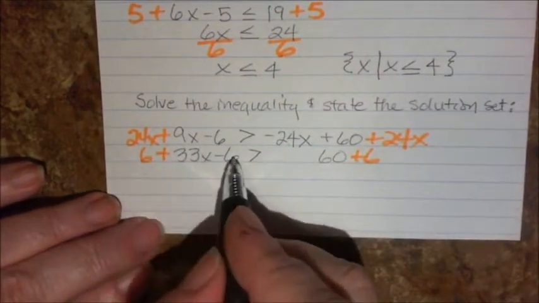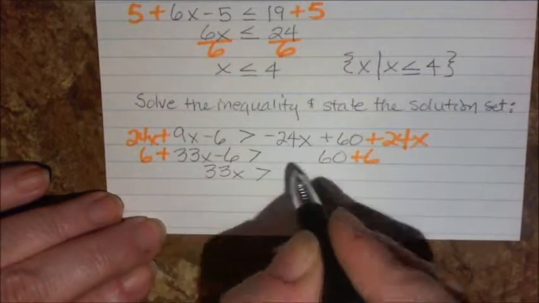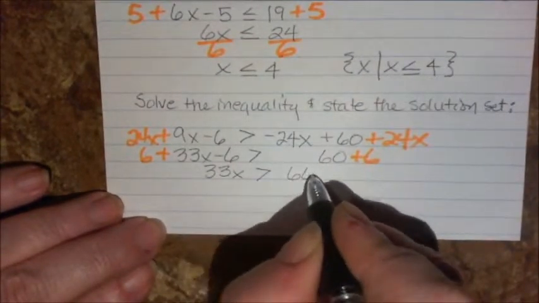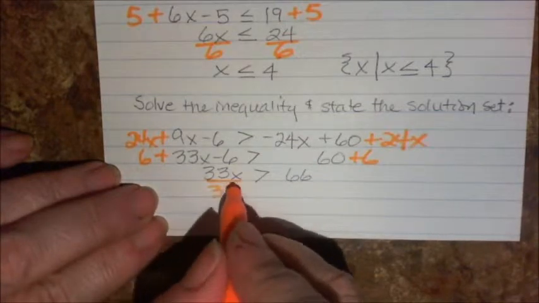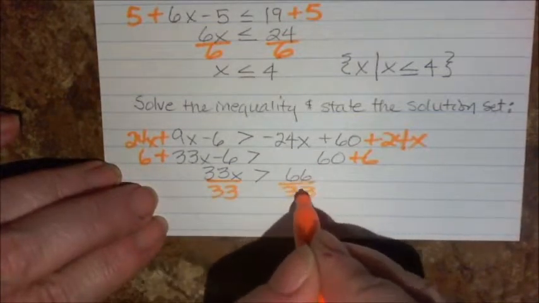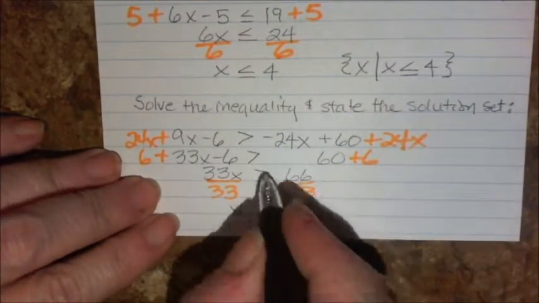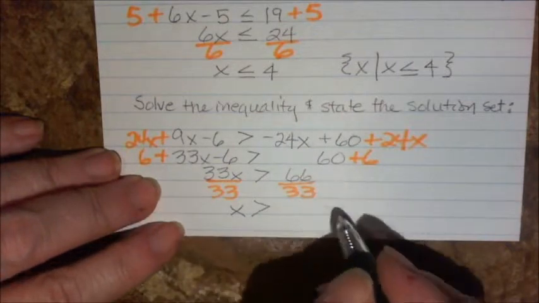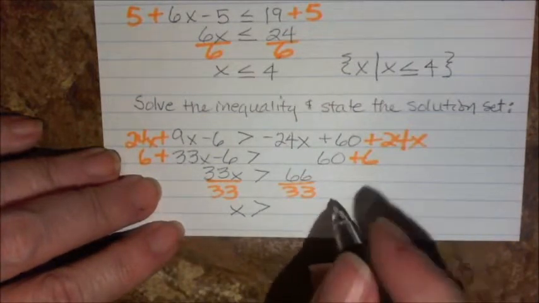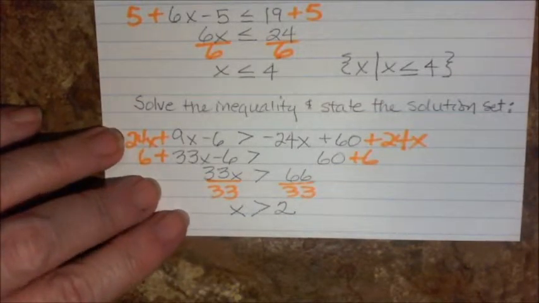And collecting like terms again, these zero out and we have 33x is greater than 66. We're ready to divide both sides by 33. And that isolates x. There's no reason to reverse the symbol. x is greater than 2.